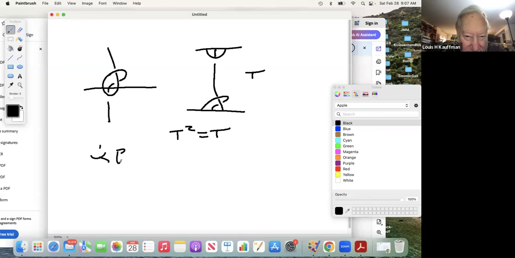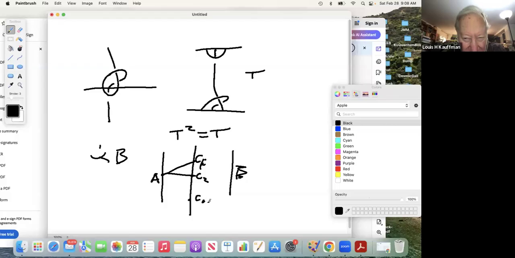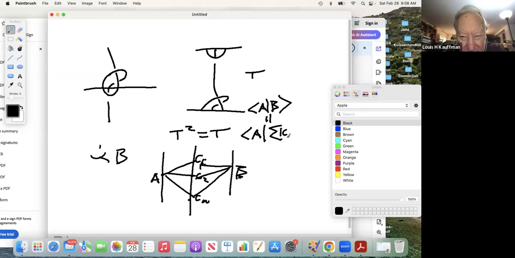If you're in quantum mechanics and you want to know what is the amplitude for going from A to B, then you say, well, what if there was an intermediate position, and I think about all these different Ci's that it could go to, C1, C2, and so on, and then it could go to B. And so the amplitude for going from A to B in Dirac notation is equal to the amplitude for going from A to Ci, and then here we have the sum over possibly going to Ci and then going from Ci to B. And this is a factorization of the identity.